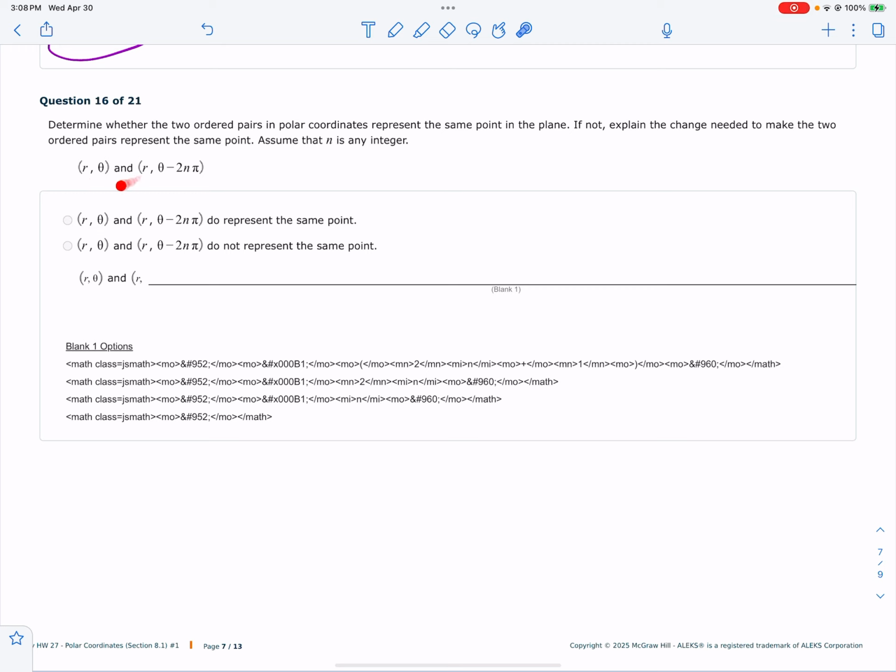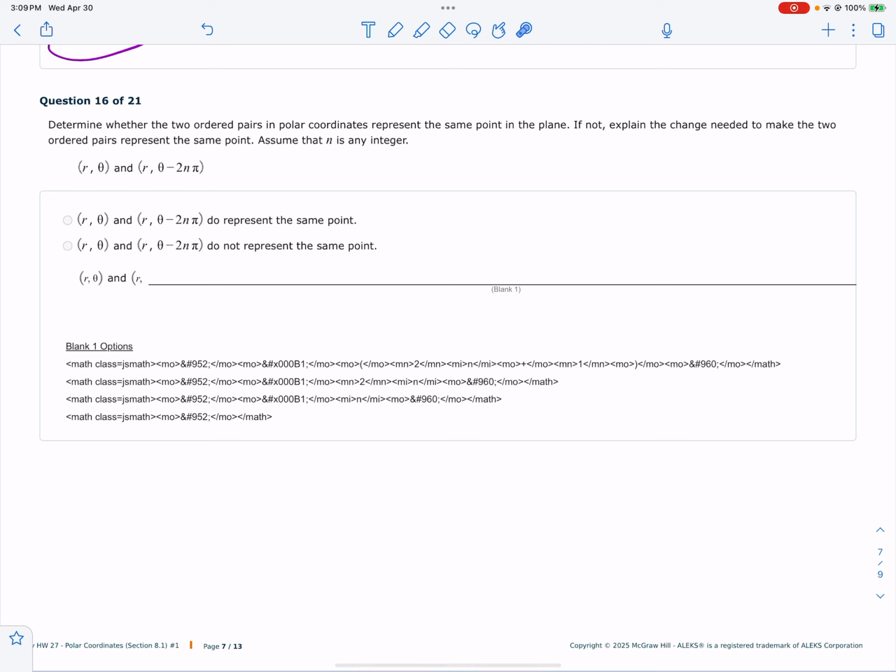Okay, so if the r's are both the same, both positive or both negative, then the only way to make them the same point would be if this is a plus.